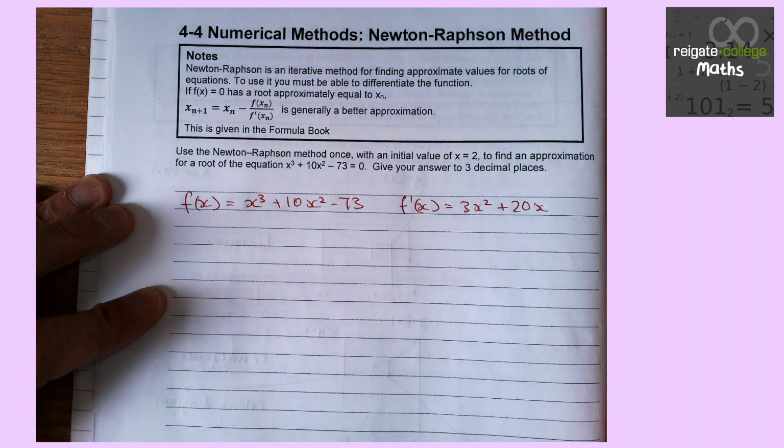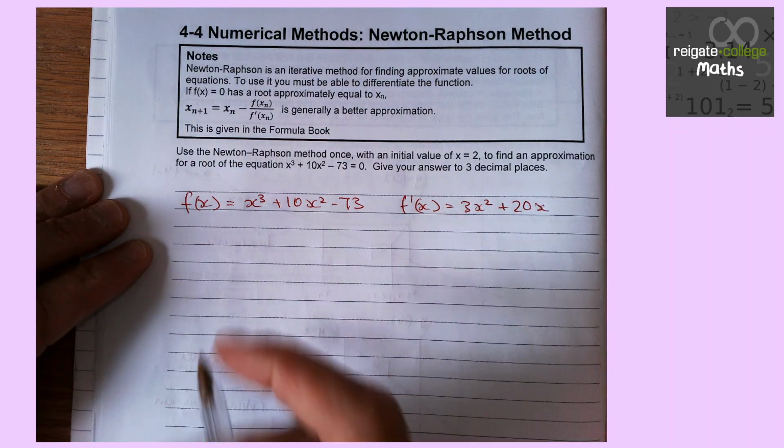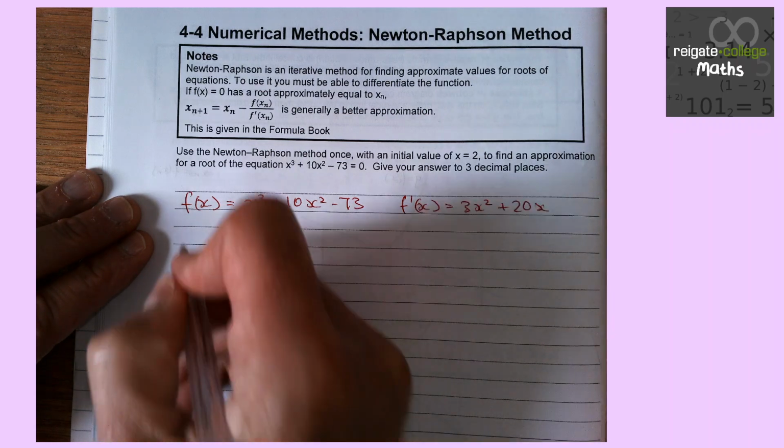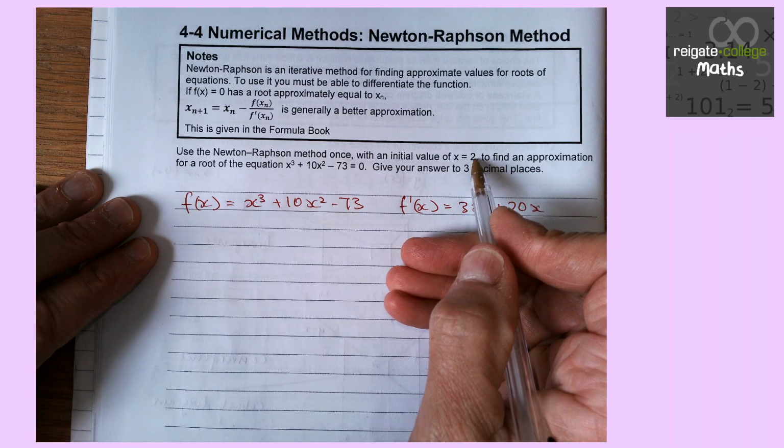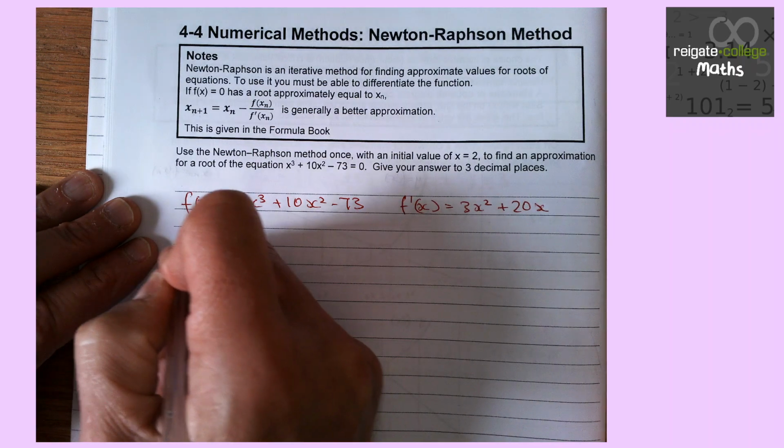Not sure why I'm using a red pen. Let's use a black pen. So then we're going to use an initial value of x equals 2. So let's write out the formula.